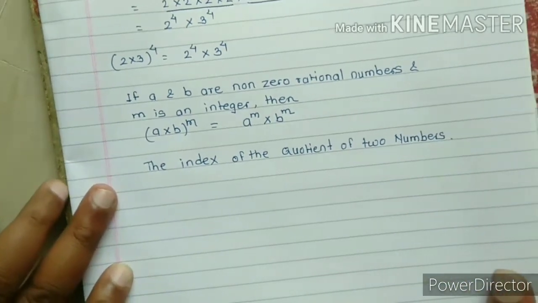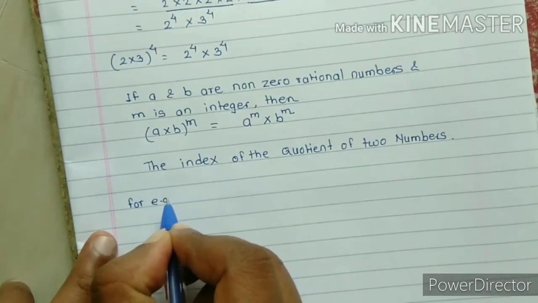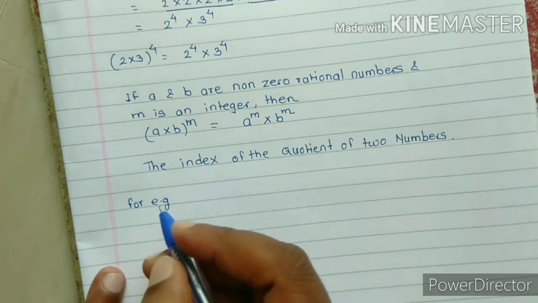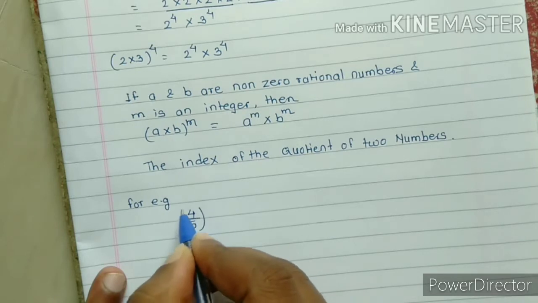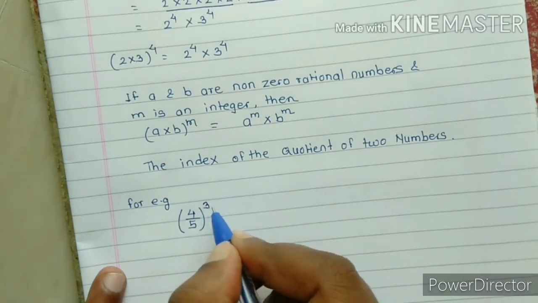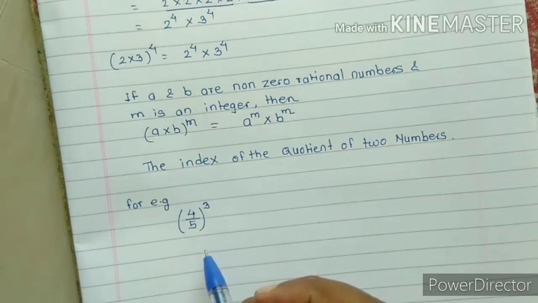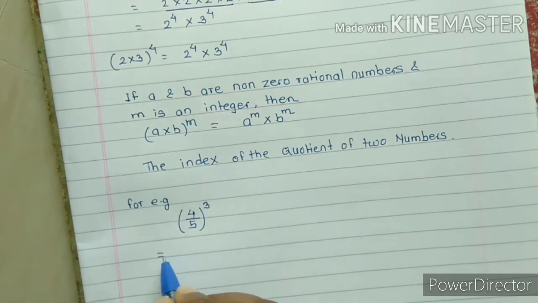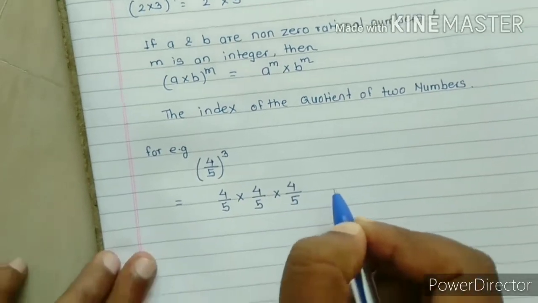For example, 4 upon 5 raised to 3. It means multiply 4 upon 5, how many times? 3 times. Therefore 4 upon 5 into 4 upon 5 into 4 upon 5.